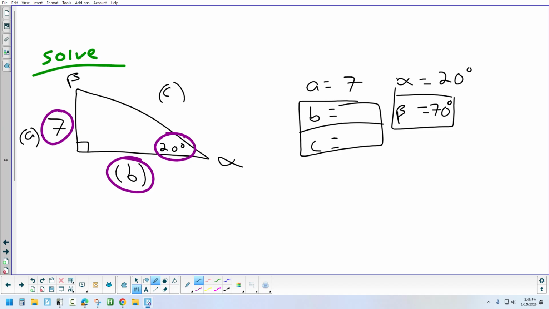What position is the 7? Opposite. Yep, opposite. And Eileen, what about the one we're trying to find? B. Adjacent. So we know opposite, we want adjacent. Which trig function has those two? Yep, tangent.